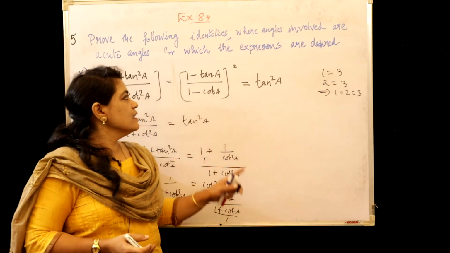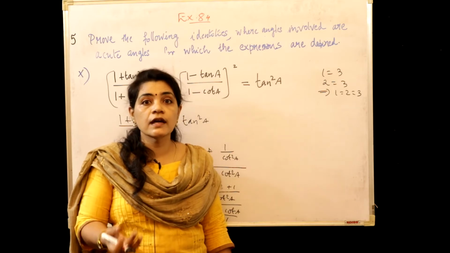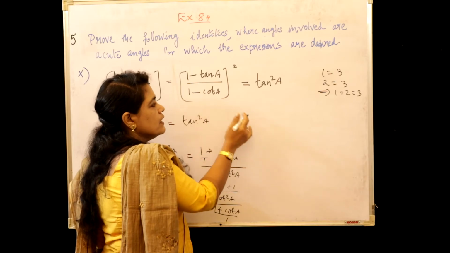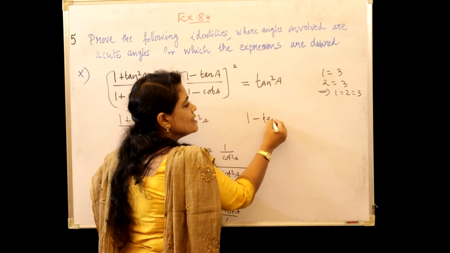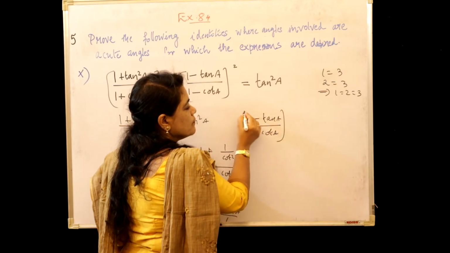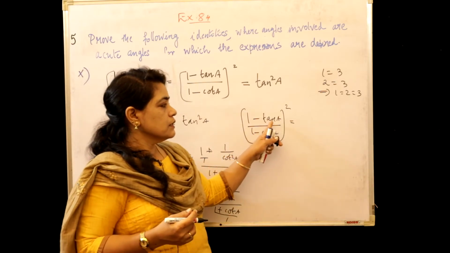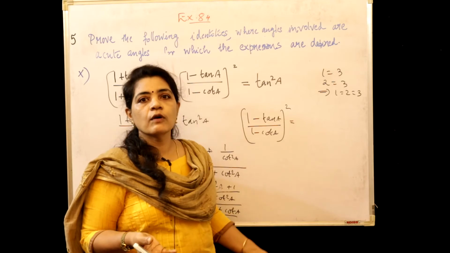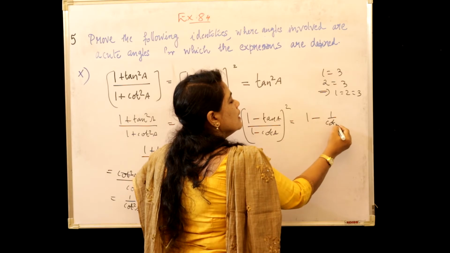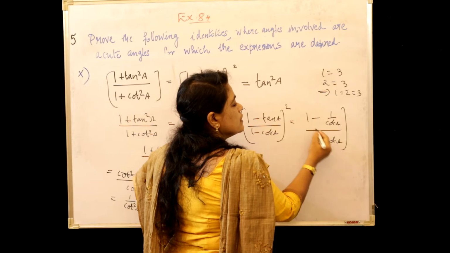Now the next case, here we have 1 minus tan A divided by 1 minus cot A, whole square, equal to tan square A. So I am taking the LHS of that, that is the second one, and solving 1 minus tan A divided by 1 minus cot A whole square. Here I am going to substitute the reciprocal relation, tan A as 1 by cot A, just like the first case, that is 1 minus 1 by cot A divided by, no change for the denominator, and whole square.